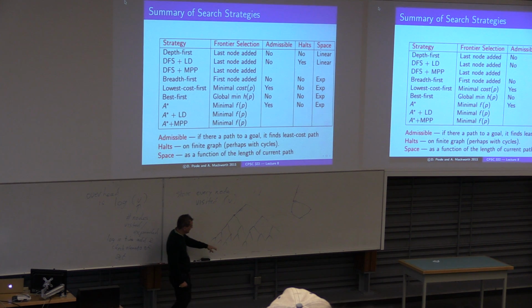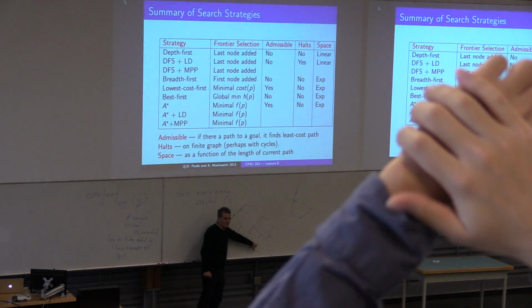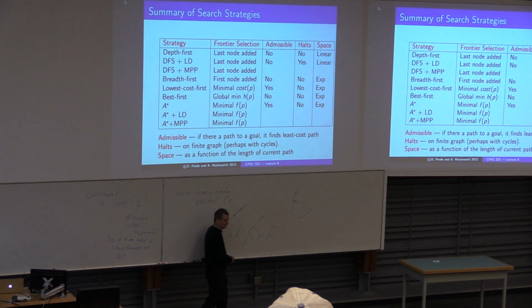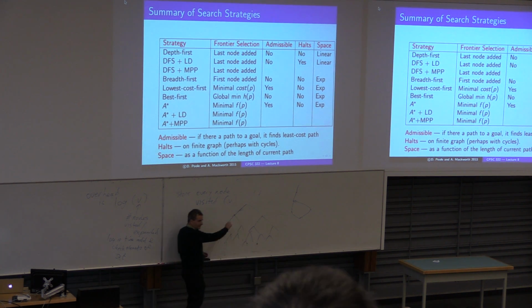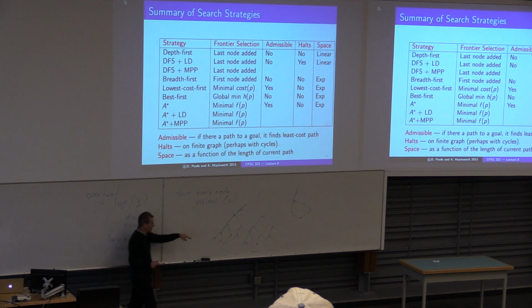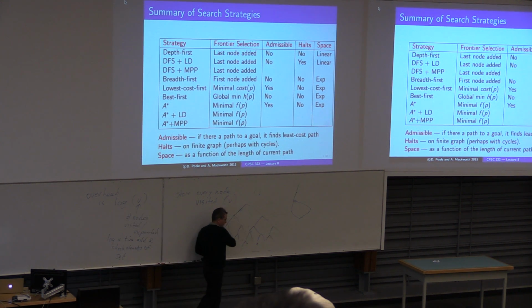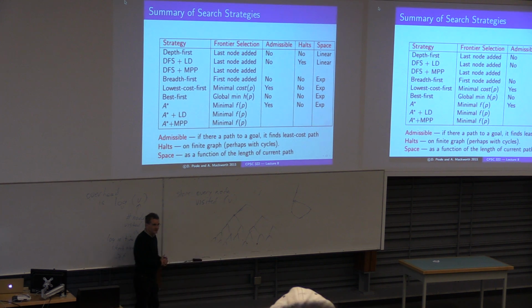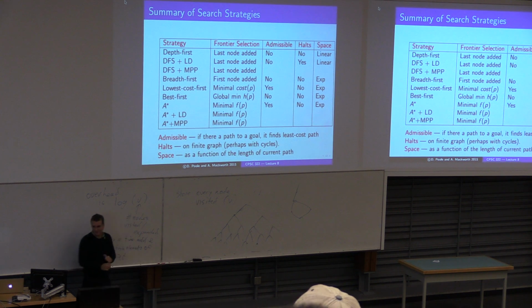If you're down here, what's the worst case? You have to store everything you've ever seen, not just this path length here. We have to store this whole thing. How much is that then? It's exponential in the path length, right?